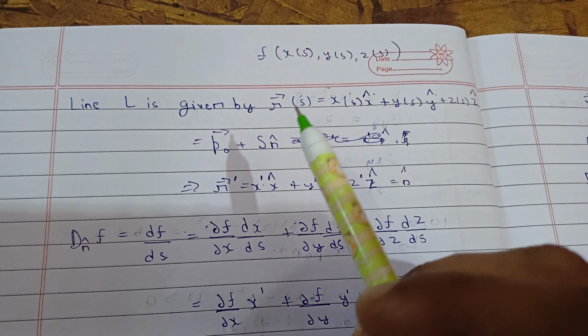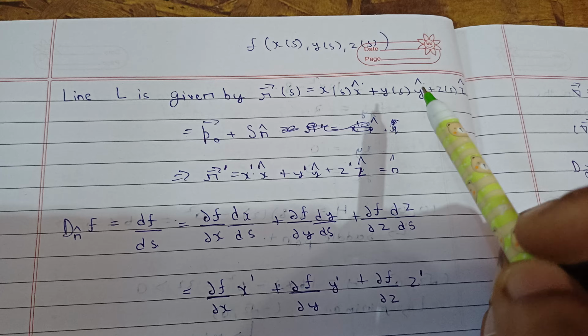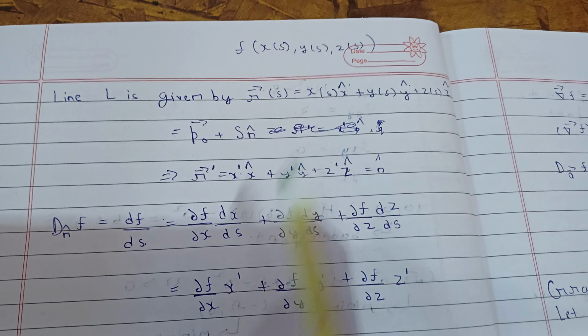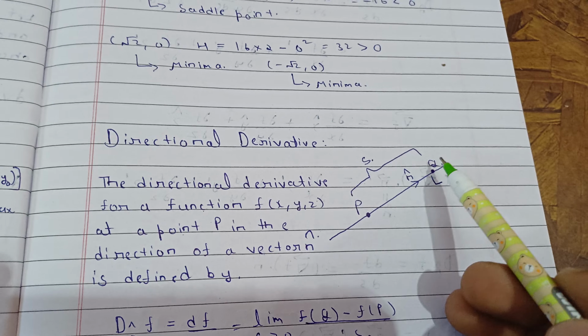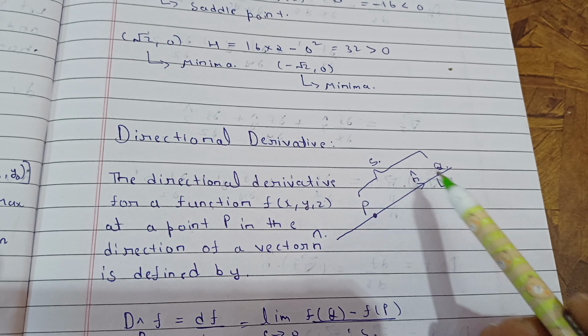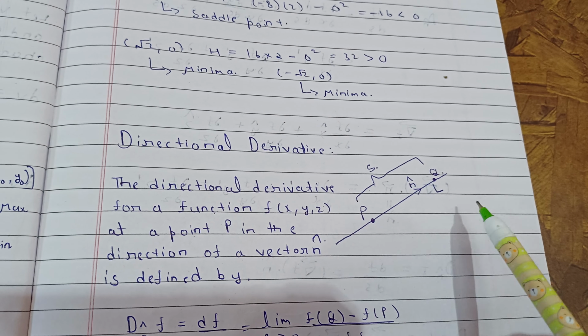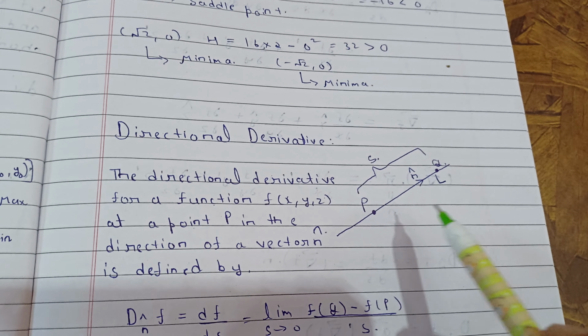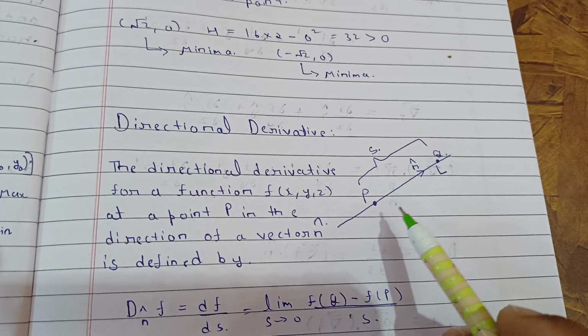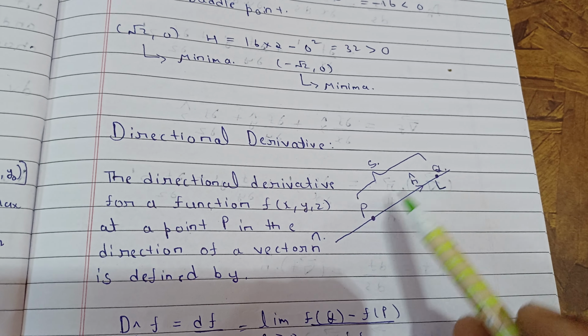So for any line you know how to give the equation of a line. From elementary classes you can remember how to find the equation of a line: you must have a point on the line, and you should have the direction of that line.